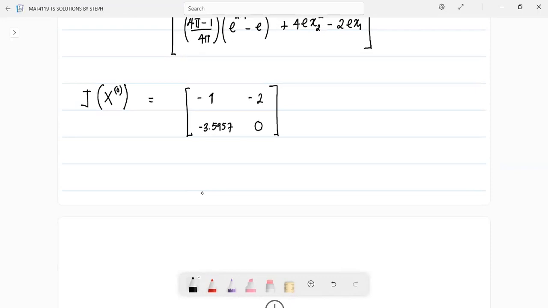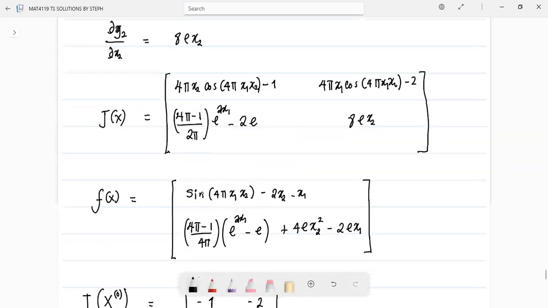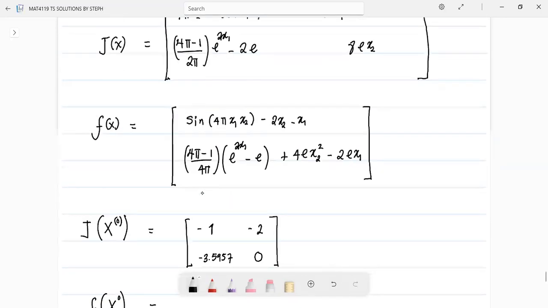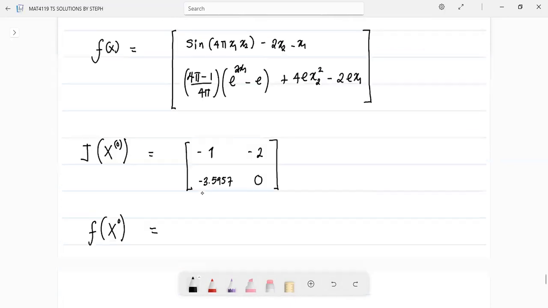What about f of x at 0 as well? Again, you have to evaluate this. In our f of x equation, we plug in the initial conditions, 0, 0. Sine 0 is 0, and the other terms will be 0 as well, so we just have a 0 on top.